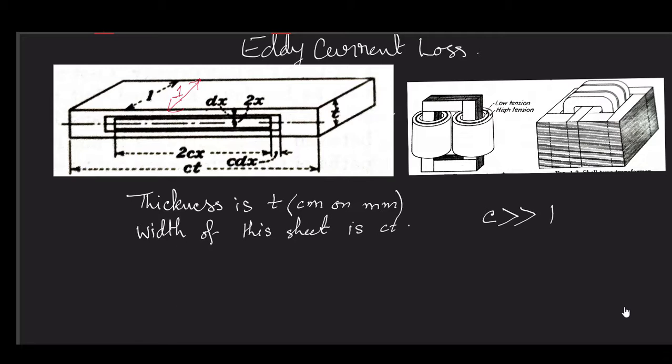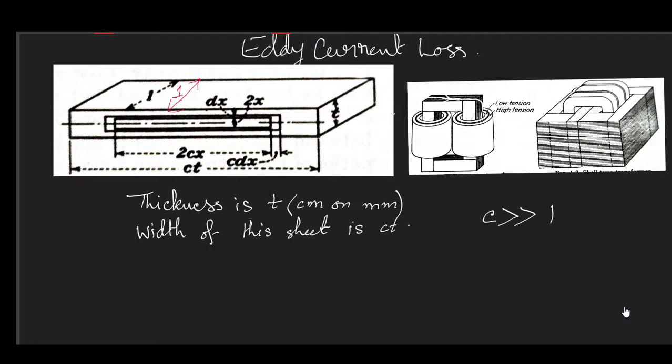First, let us know in which direction we should laminate. If you consider this transformer here, what about your flux path? You could expect that your flux lines will flow like this.